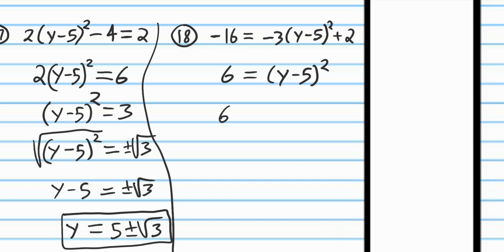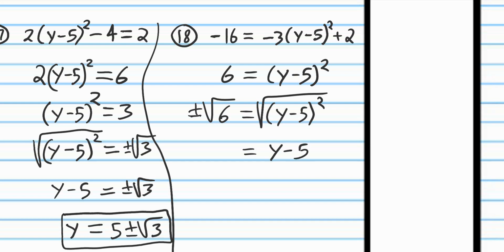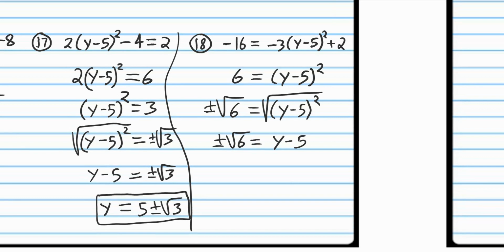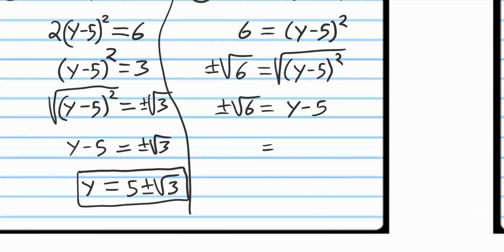All right, so now I'm going to square root both sides. Y minus 5 is equal to plus or minus root 6. And then we're going to add 5 to both sides.